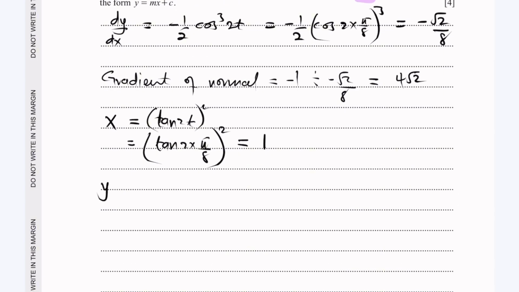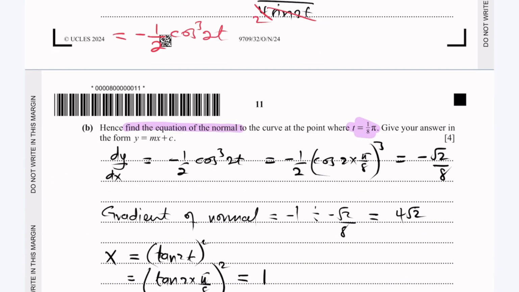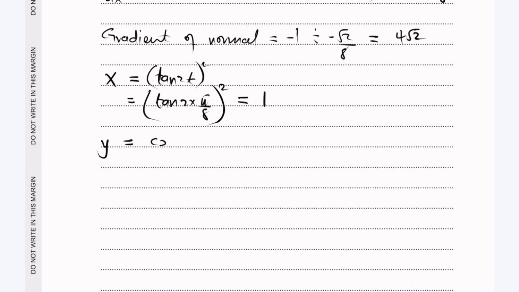Then we have y is equal to 2 cos 2t. So we have cos 2 times pi on 8. That's the t value. And y becomes cos pi on 4. That's root 2 on 2.